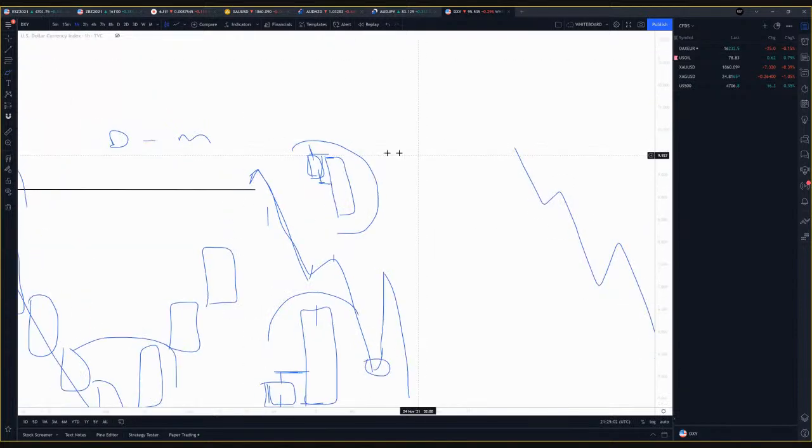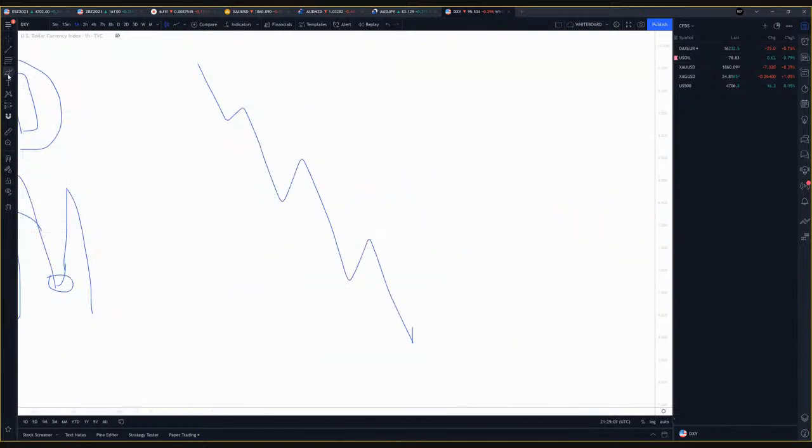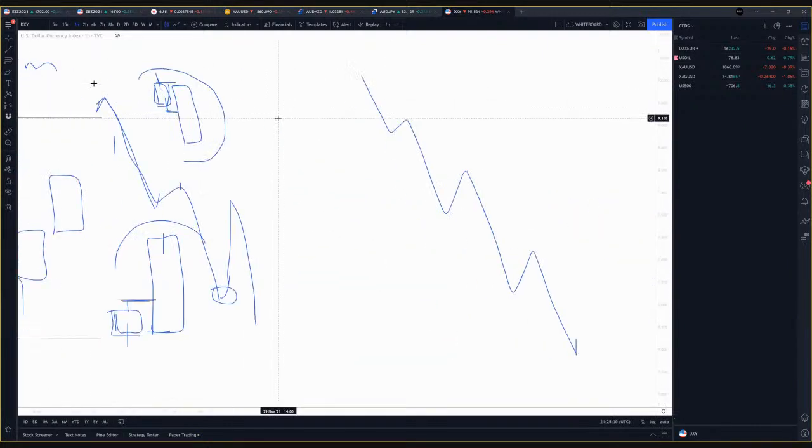So up there should be something like this, and then you mark out, you're gonna highlight this low. You're gonna highlight that low and you want to trade to that one.